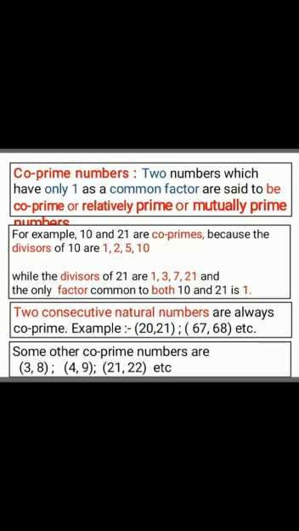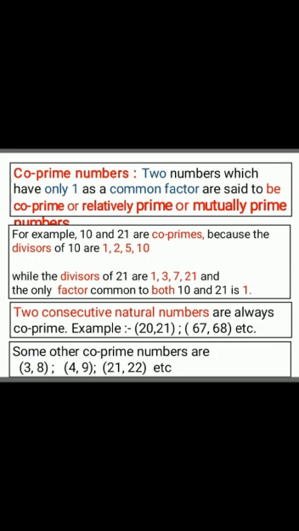Now what are co-prime numbers? Two numbers which have only 1 as a common factor are said to be co-prime or relatively prime or mutually prime numbers. For example, 10 and 21 are co-prime because the divisors of 10 are 1, 2, 5, 10.